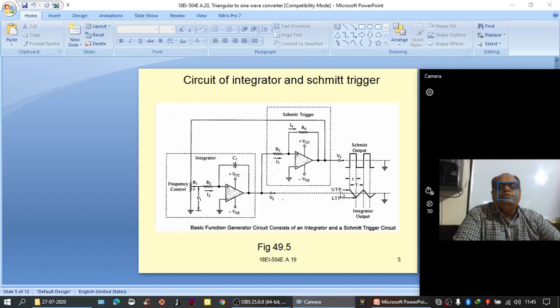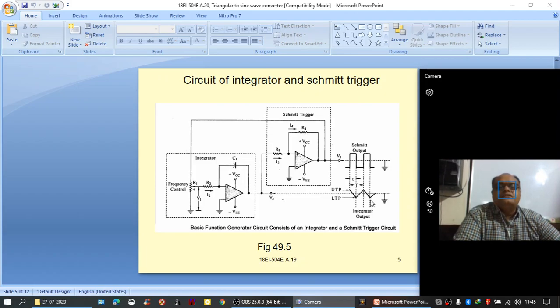With the Schmitt trigger output high, once again the input to the integrator becomes low.